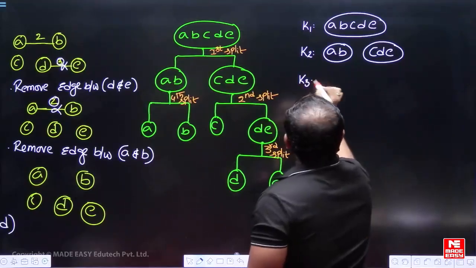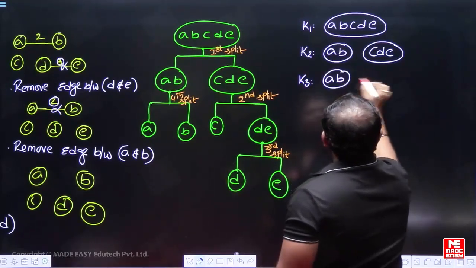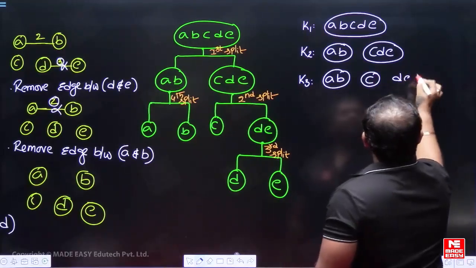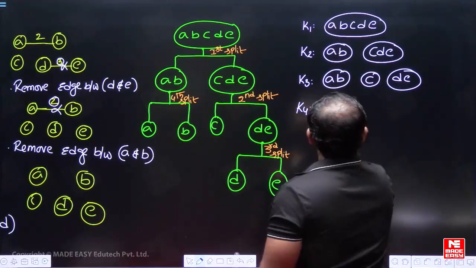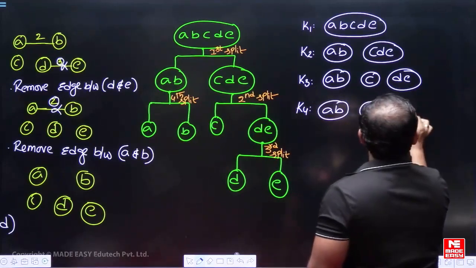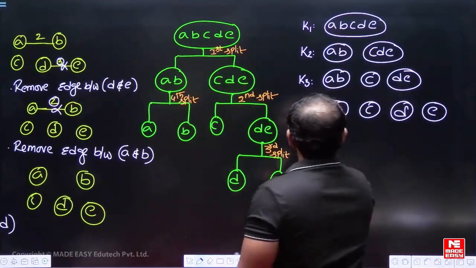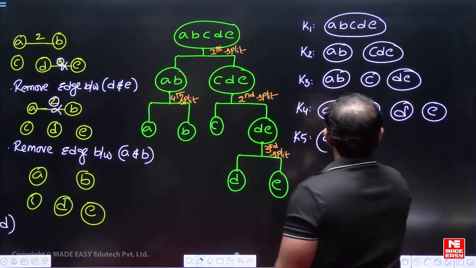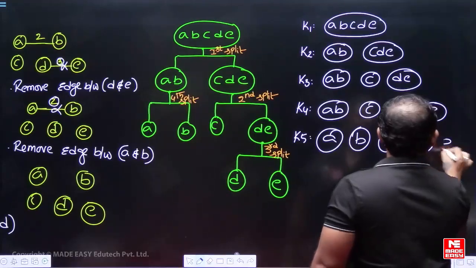Then K3: AB is one, C, D is another. Then K4: AB is one cluster, C is another cluster, D and E become independent clusters. Then K5: A is a cluster, B is a cluster, C, D, E.